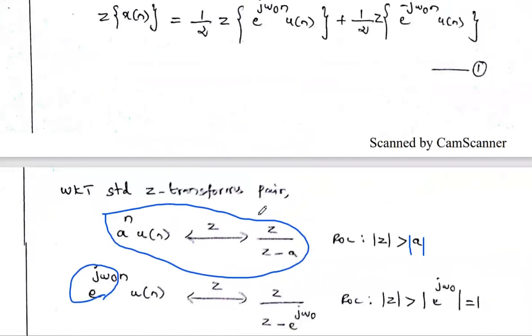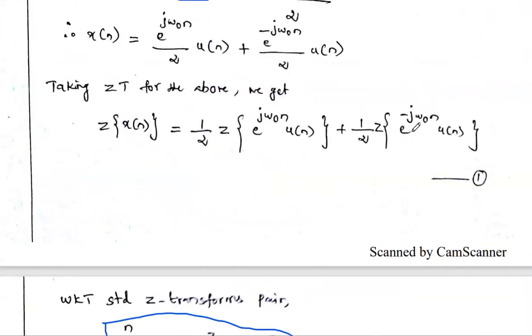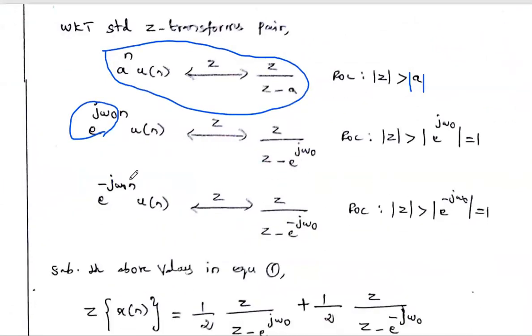Similarly, we have to find the Z transform of e power minus j omega naught n u of n. In the place of a, we have to put e power minus j omega naught. So the answer is Z by Z minus e power minus j omega naught, and the ROC is modulus of Z greater than modulus of e power minus j omega naught.